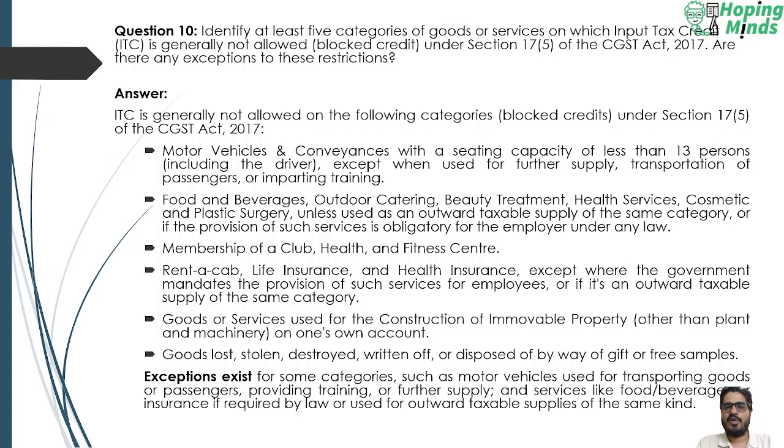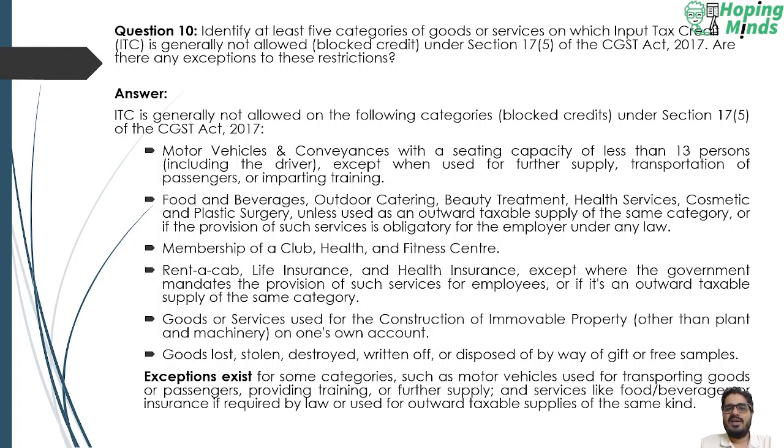So as per the normal rules, a supplier of goods or services can reduce his tax liability by utilizing the input tax credits against the purchases, that is, the taxes that he has already paid at the time of purchases. But there are certain exceptions, and there is a list of block credits under Section 17(5) of the CGST Act.